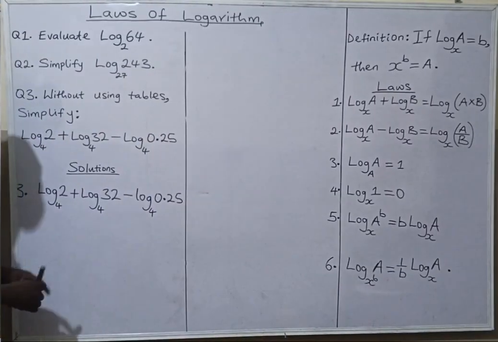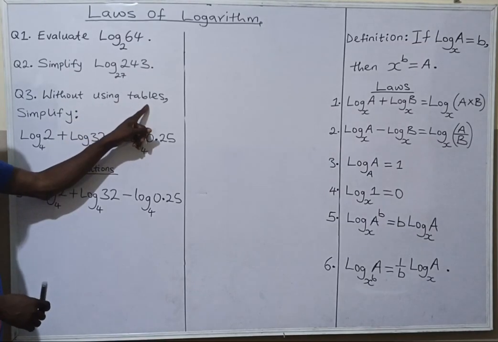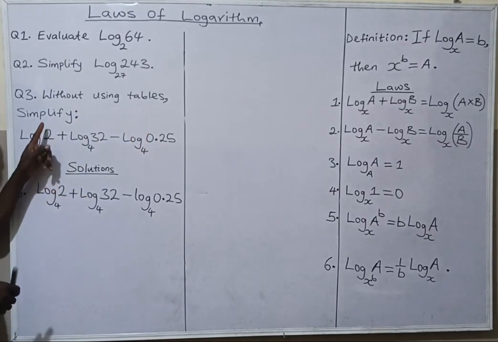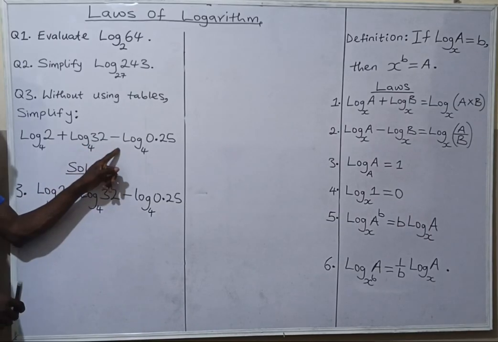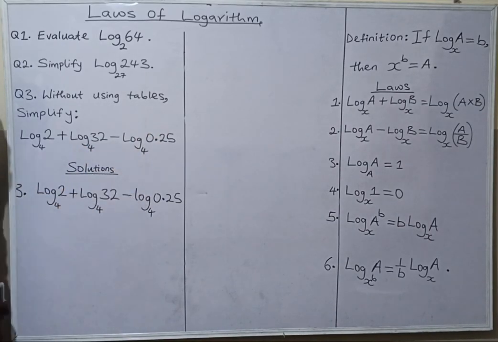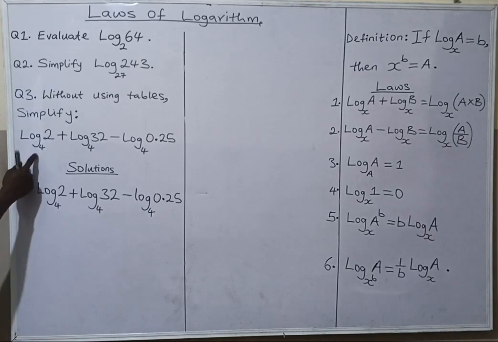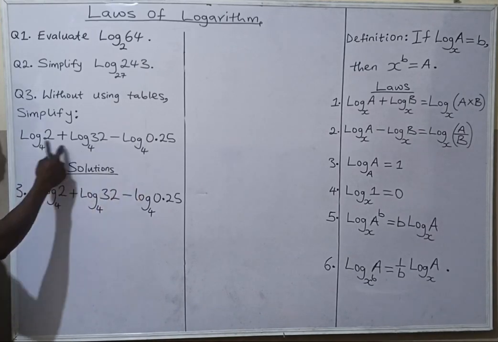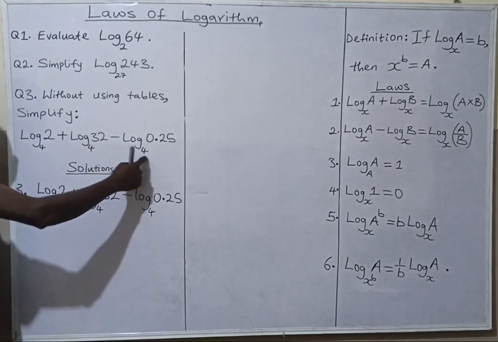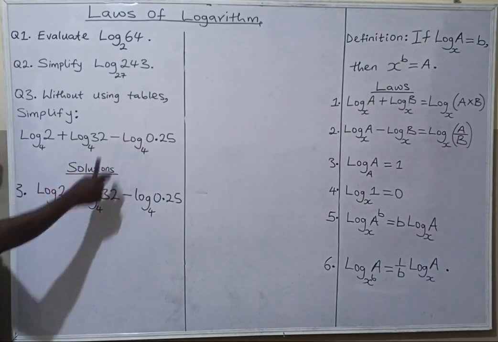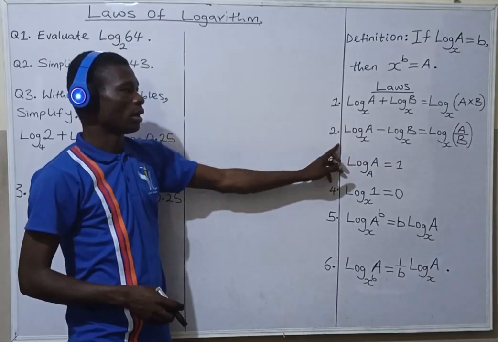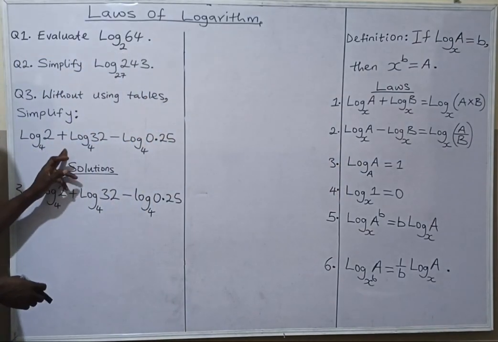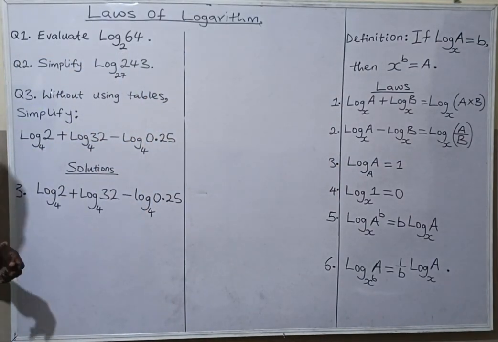We'll proceed. 3. Without using tables, simplify log 2 to base 4 plus log 32 to base 4 minus log 0.25 to base 4. Okay, so taking a good look at this, we can see that all of these logarithms have the same base. So we can combine them using law 1 and law 2 because we're having both addition and subtraction.